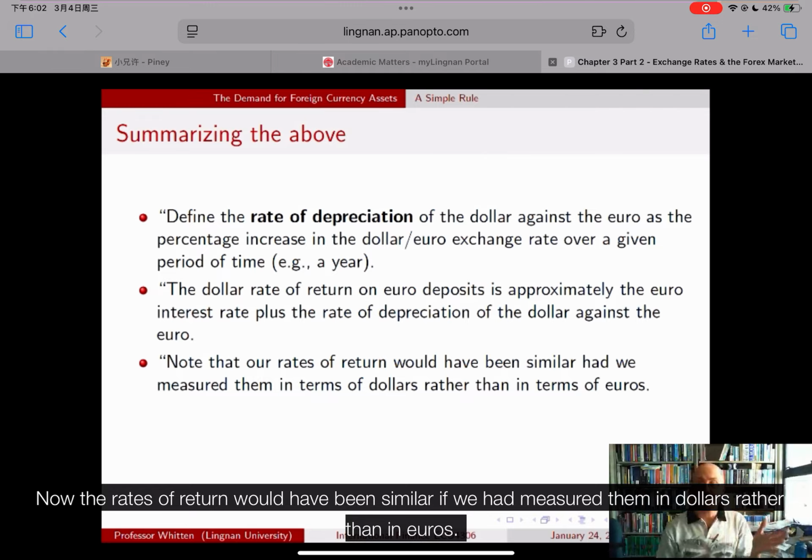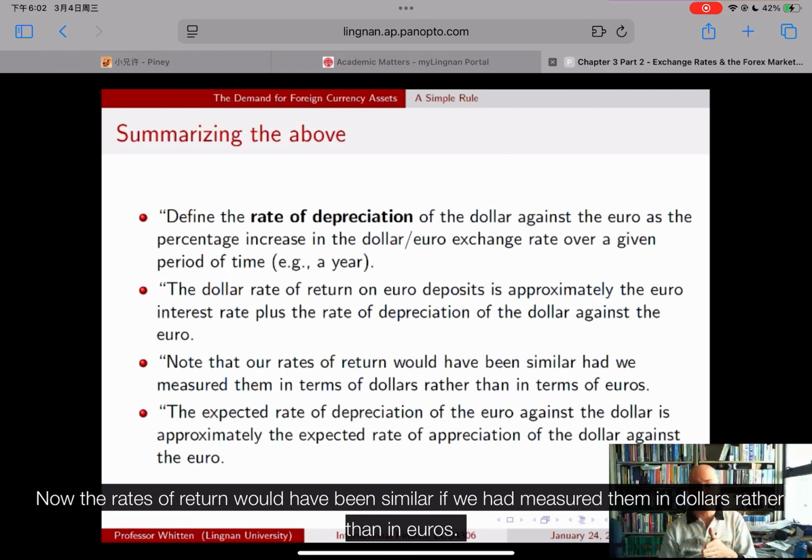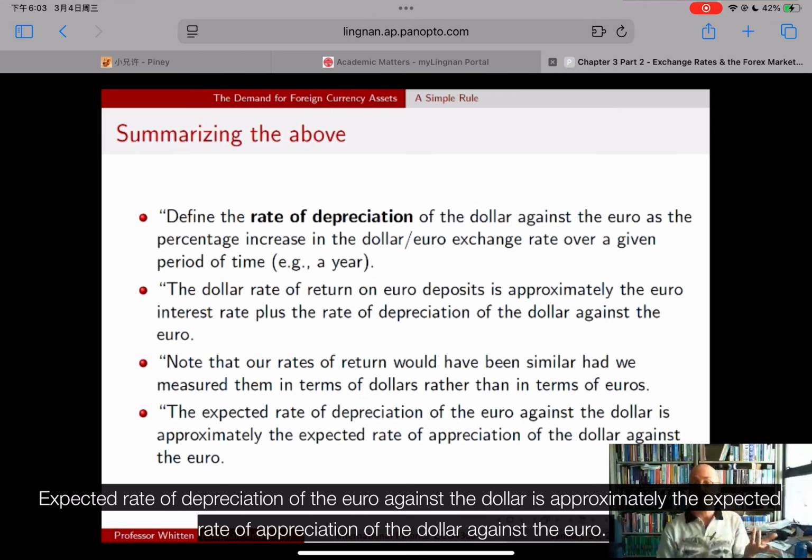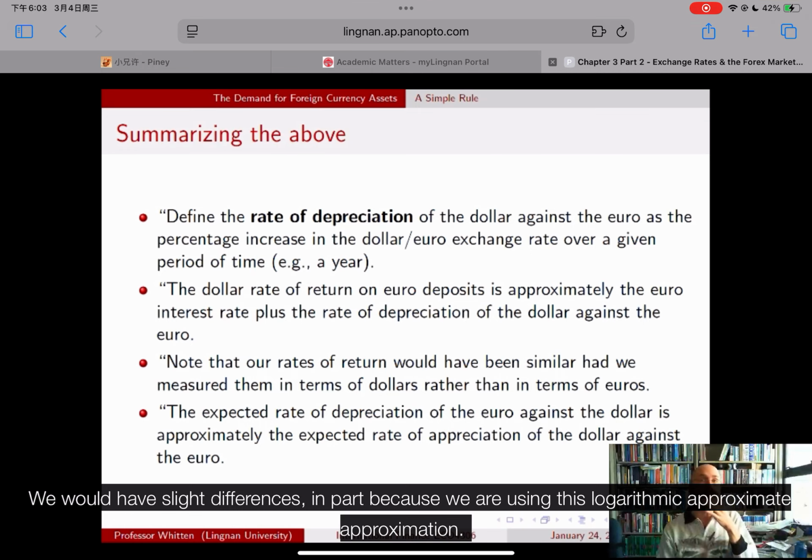Now, the rates of return would have been similar if we had measured them in dollars rather than in euros. The expected rate of depreciation of the euro against the dollar is approximately the expected rate of appreciation of the dollar against the euro. We would have slight differences in part because we are using this logarithmic approximation.